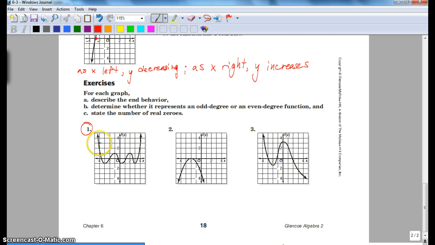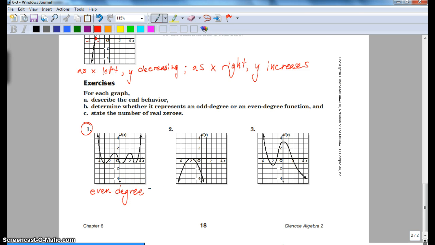Any time that you see the end behavior of a function has its 2 arrows pointing up or 2 arrows pointing down, as we see in number 2, this is technically then an even degree function. So we can say that right away.